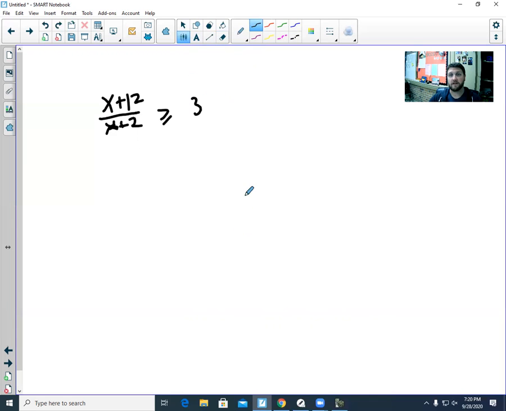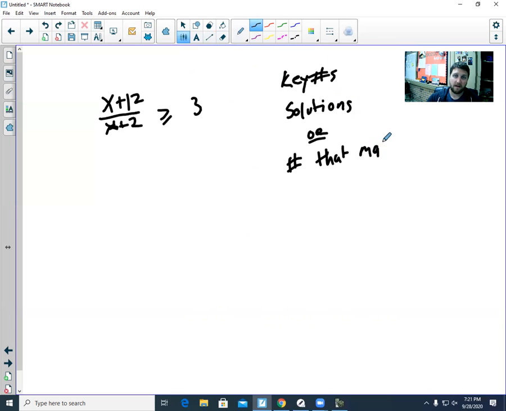So if we have something that looks like this, same kind of steps that you have before. You want it to be equal to 0, and we're looking for our key numbers here. Your key numbers are solutions or numbers that make the denominator undefined.